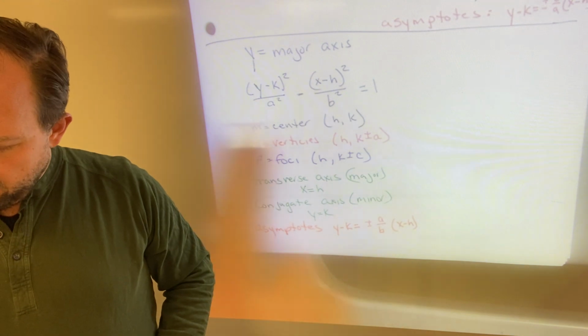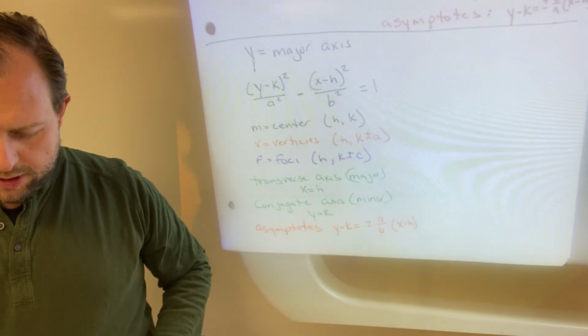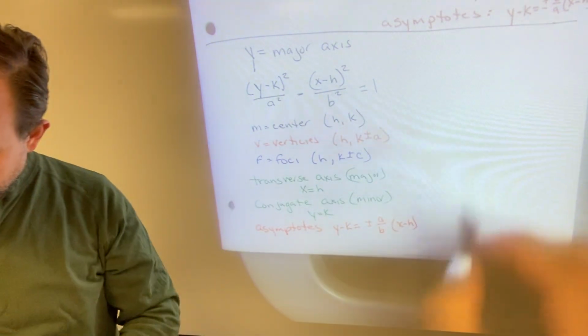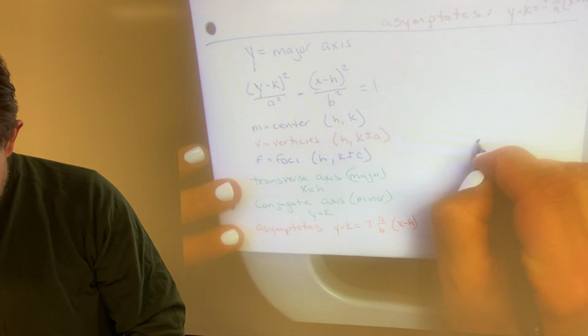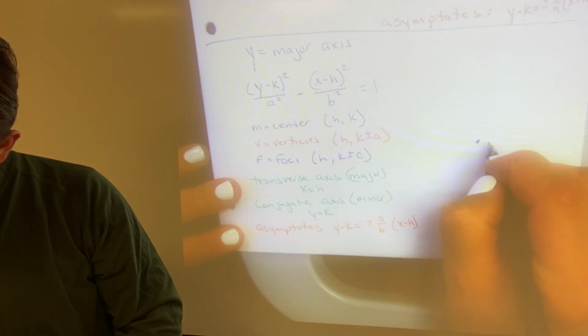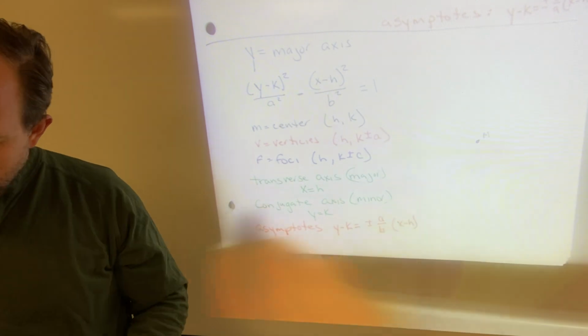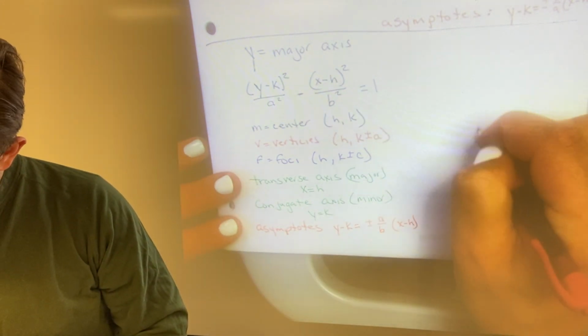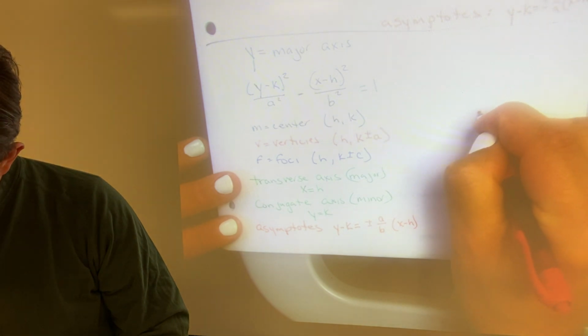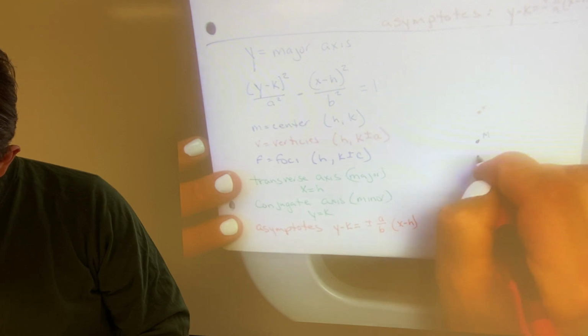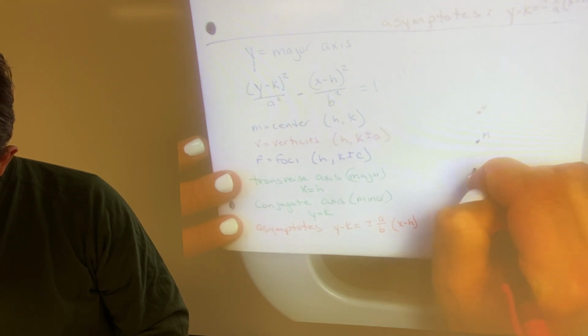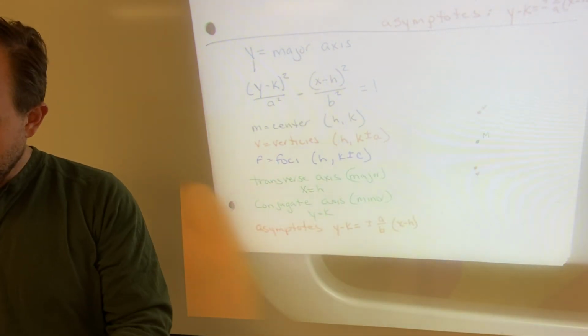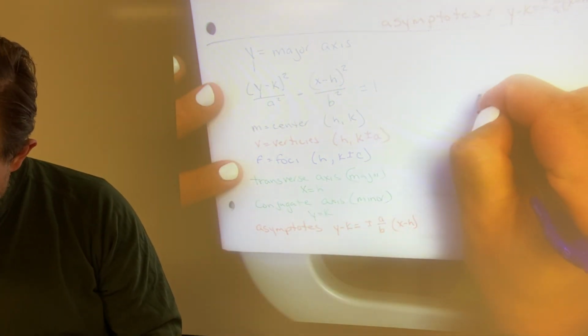To draw this, we're going to have our new center, but now we're going to find that our vertices are adjusting up and down. So we're going to get a vertex, a vertex. Foci are going to be even further out.